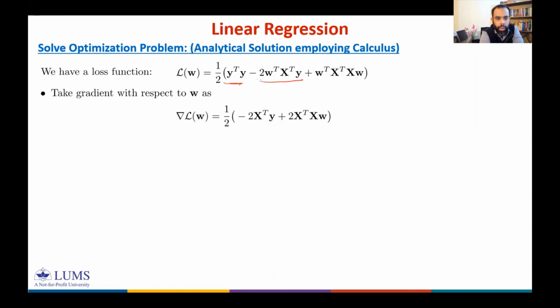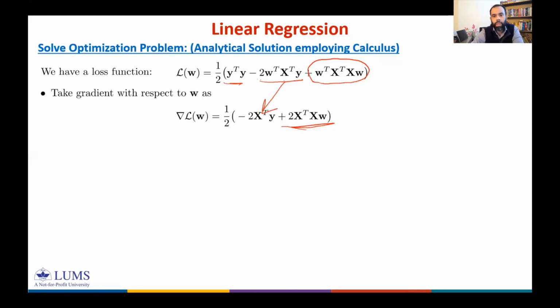For this quantity, you get this. And this is w transpose x transpose x w. If you use the previous example and you treat x transpose x as one matrix, say P, you get 2 times the same matrix into w. Right? This is the gradient of the loss function with respect to w.